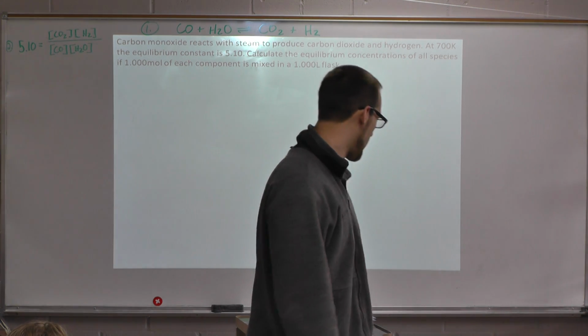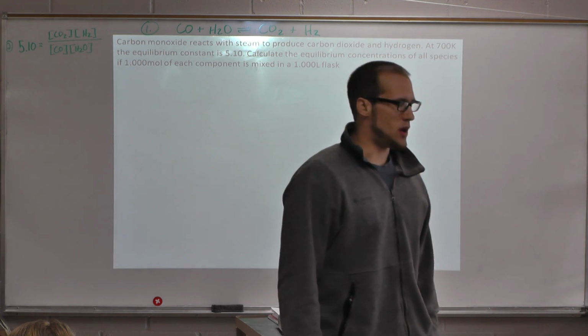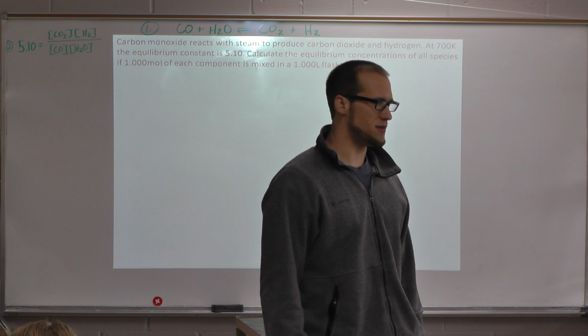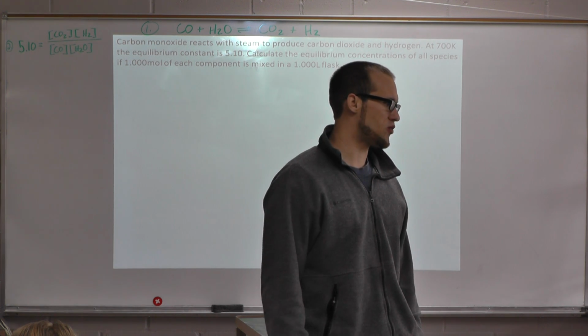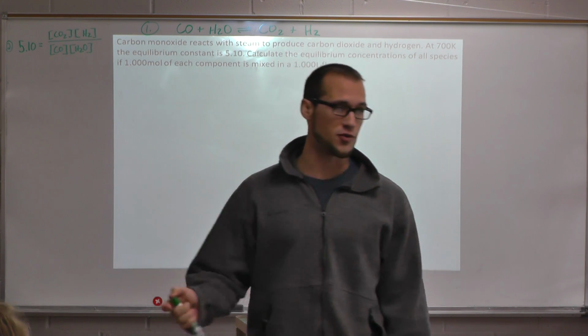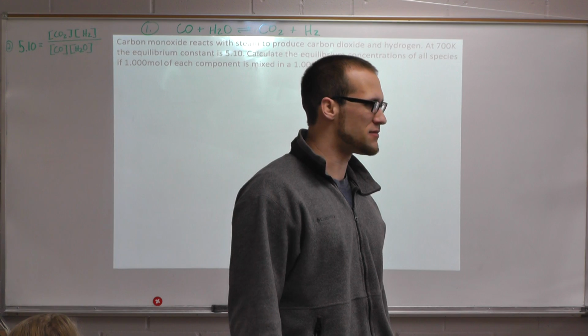Why would I need to calculate Q? Because part of being able to figure out the concentrations at equilibrium has to do with whether I'm going to produce more products or more reactants to get there, because that determines if I add or subtract.